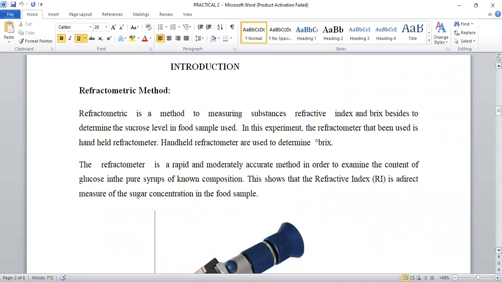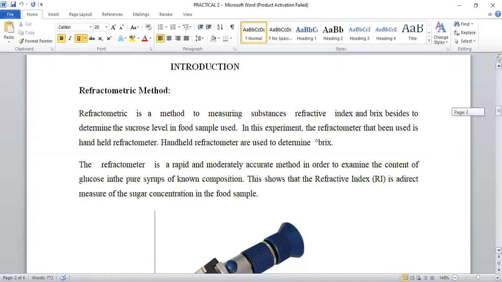So what is the refractometric method? It is a method which is used to measure a substance's refractive index and Brix, which is then used to measure the sucrose level in food samples. In this experiment, the refractometer that has been used is a hand-held refractometer, and this hand-held refractometer will be used to determine the Brix, as I have shown in the picture.